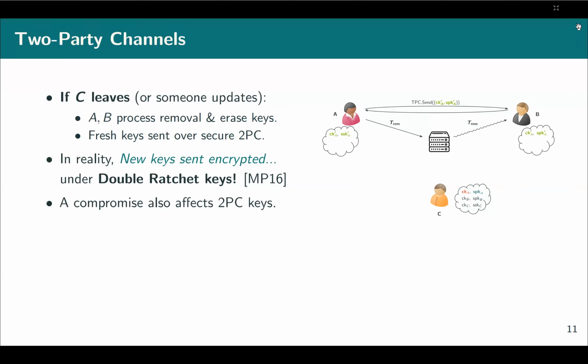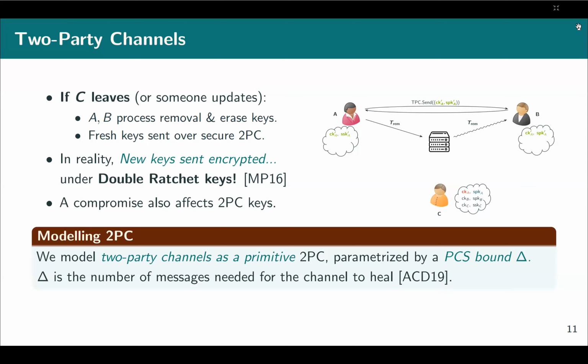And we have to be careful because if Alice is compromised, or Bob is compromised, and then they get something over the two-party channels, the adversary is also going to be able to read these keys. So the channel does not necessarily heal the group. There is an interaction between this two-party channel and the group that we need to model carefully.